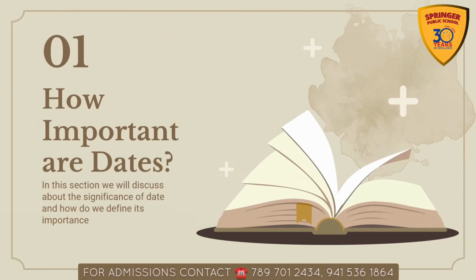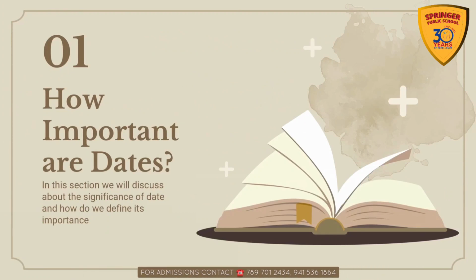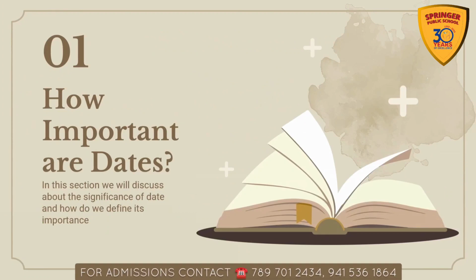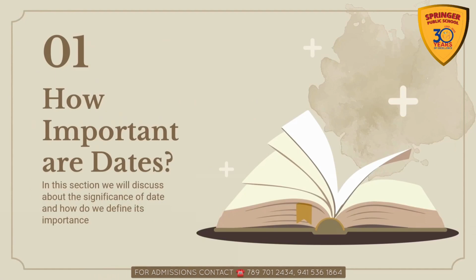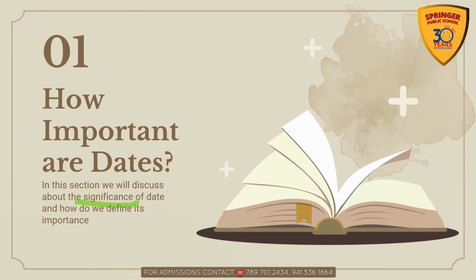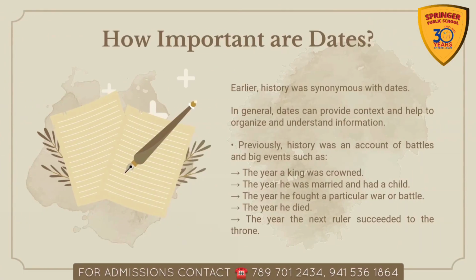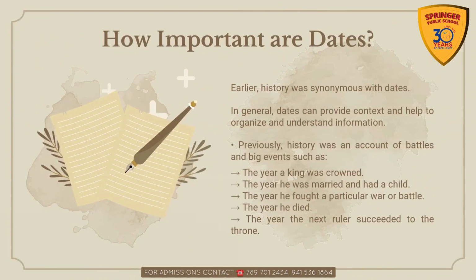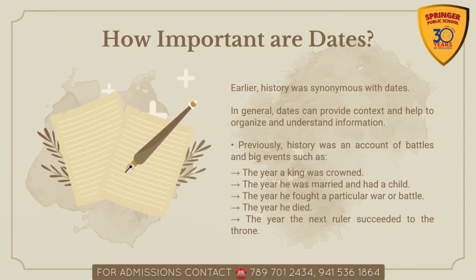So our first topic in this chapter is how important dates are. Earlier, history was synonymous with dates, right? So in this section we will discuss the significance of dates and how we define their importance. Dates can be important in a variety of contexts.